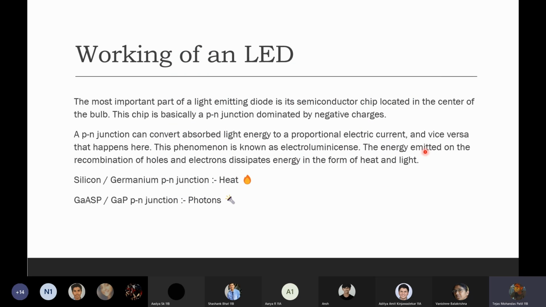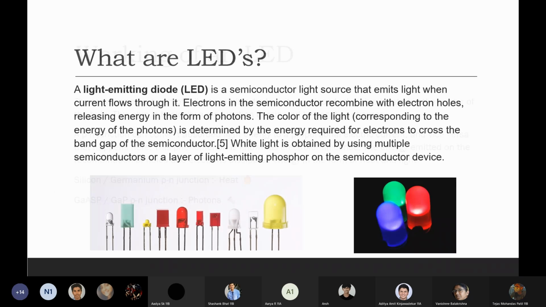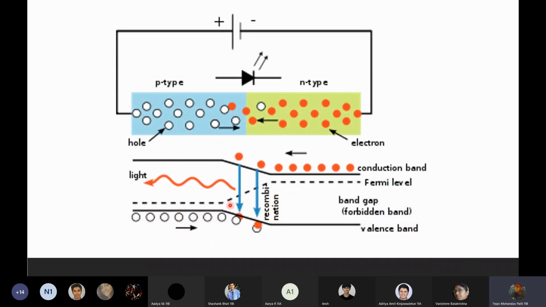The energy emitted on the recombination of holes and electrons is dissipated in the form of heat and light. In silicon and germanium PN junctions, there is a release of heat, but in gallium arsenide phosphide or gallium phosphide PN junctions, there is a release of photons. This is the semiconductor material from which our LEDs are made. I did not leave any point. This is the PN junction.